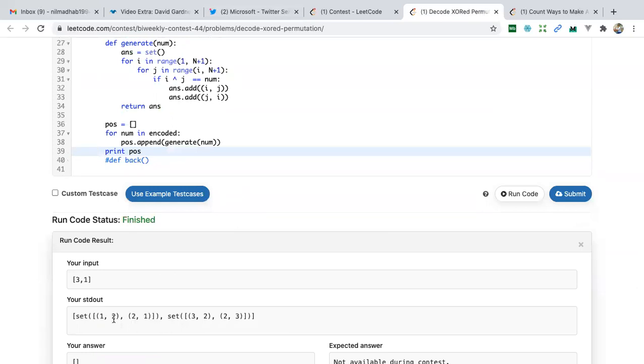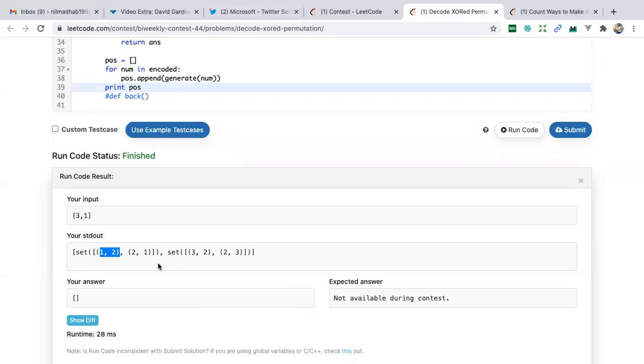For this case, let's try 1 and 2, and we have 2 and 3. So the answer can be 1 2 3.